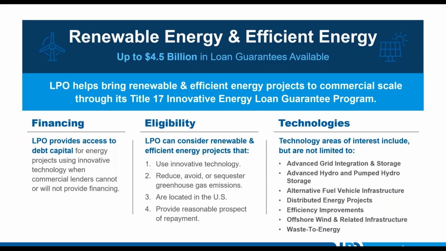It does not need to be located on tribal lands, just anywhere in the United States, and again, be financially viable, but in a number of different ways. I know this is a webinar focused specifically on solar, but to the extent that tribes are looking at other technologies, both of these programs can be applied to a large number of technologies beyond solar. Next slide, please.